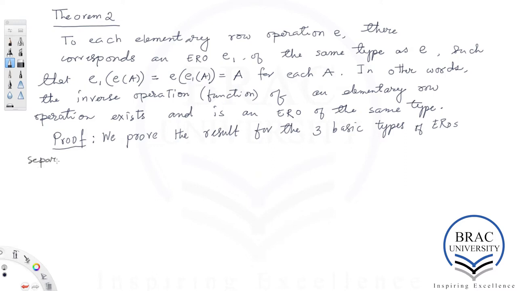Okay. So let's consider the first type. For the first type, where the elementary row operation was to multiply a single row of the given matrix A by a non-zero scalar C, that was the first type.